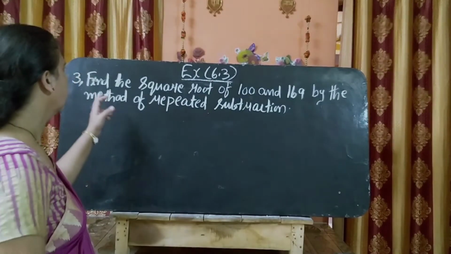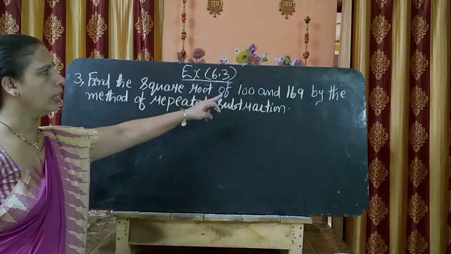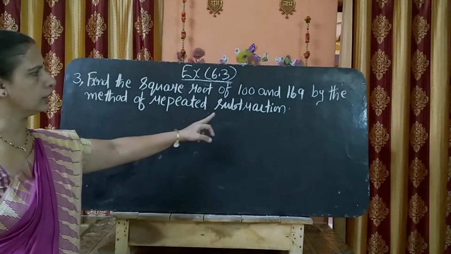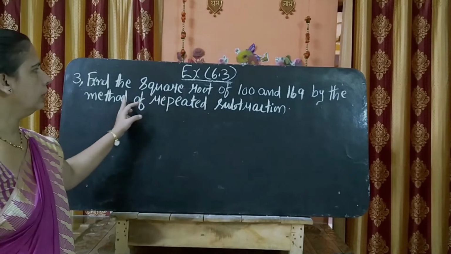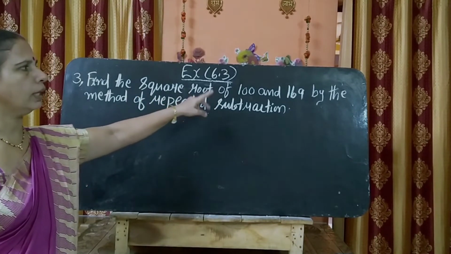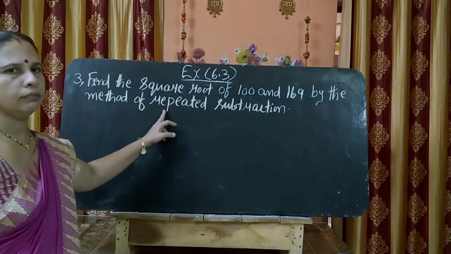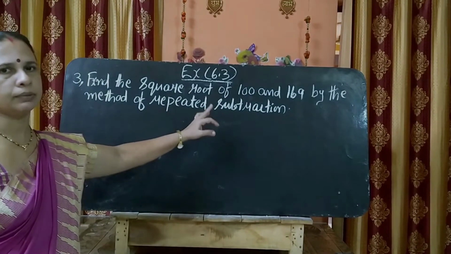Third question is, find the square root of 100 and 169 by the method of repeated subtraction. Which method? Repeated subtraction.